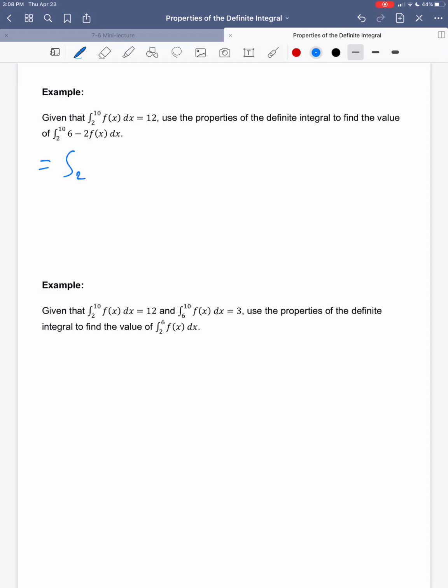I can go 2 to 10 of 6 dx minus the integral 2 to 10 of 2 f of x dx. Okay, now this is just the integral of a constant. So the integral of a constant, right, that's that idea.